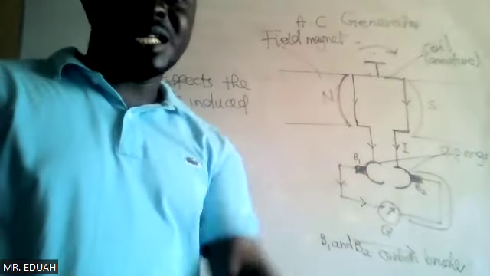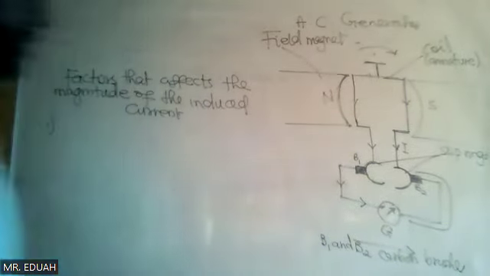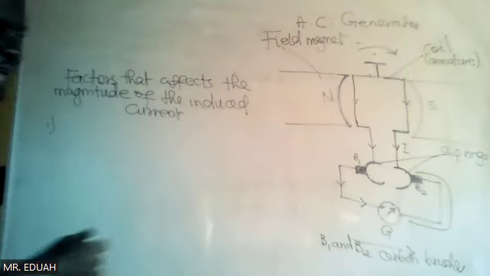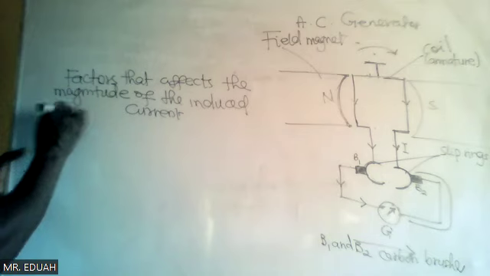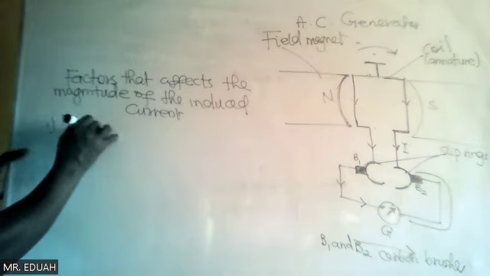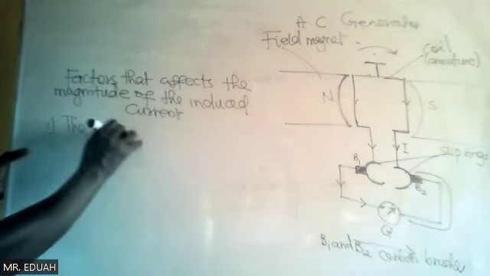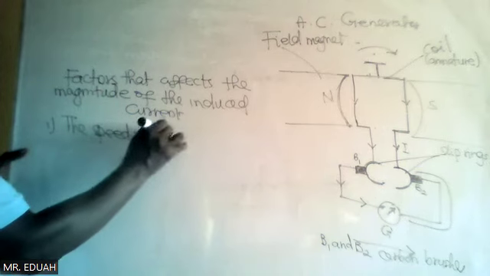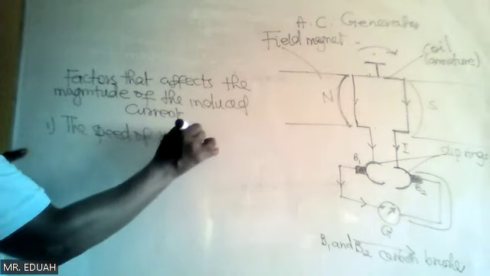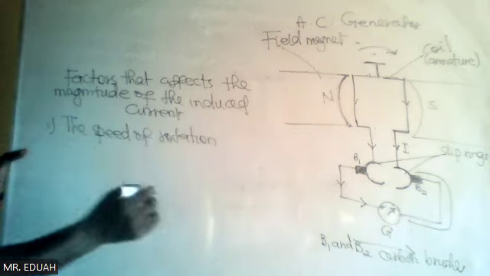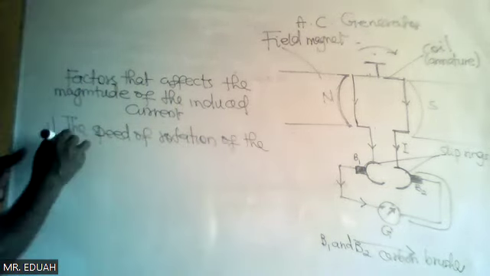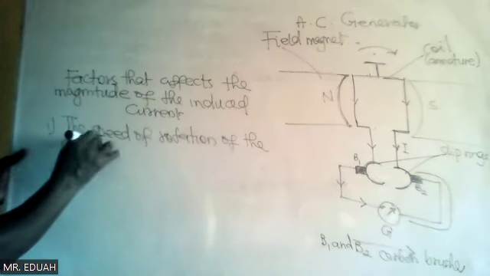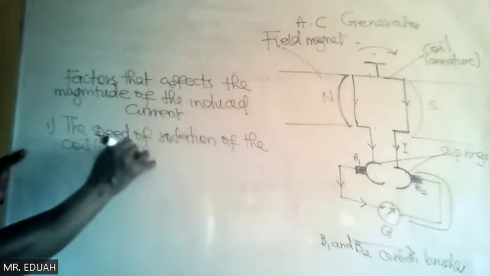Hence, the energy of the running water is used. So the speed of rotation of the coil, which we call the armature.